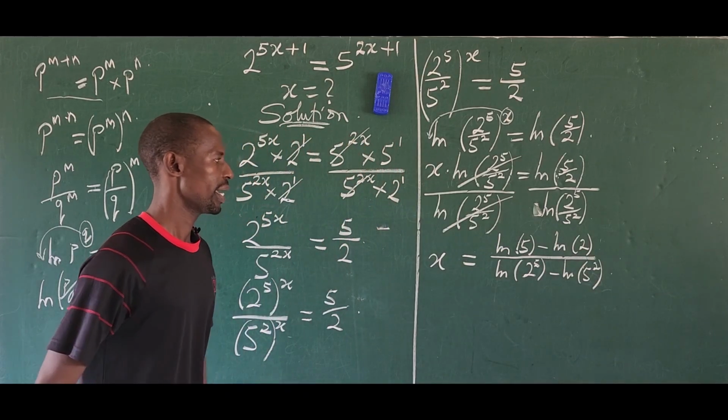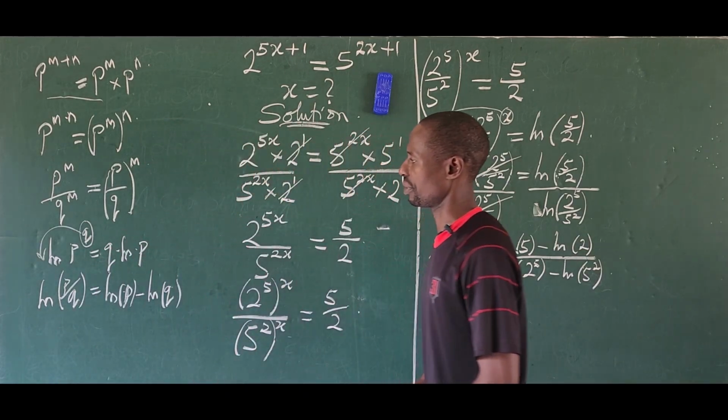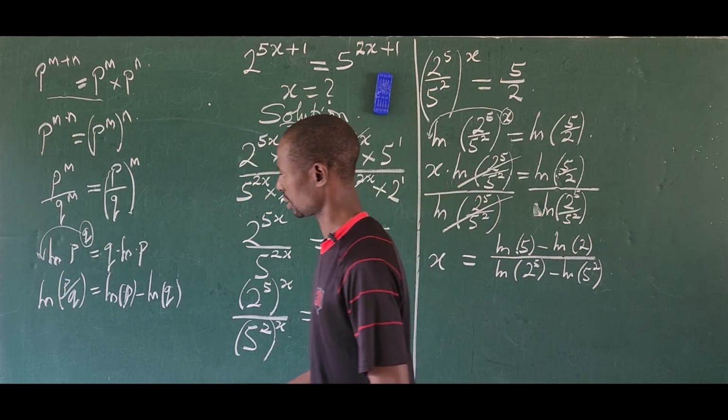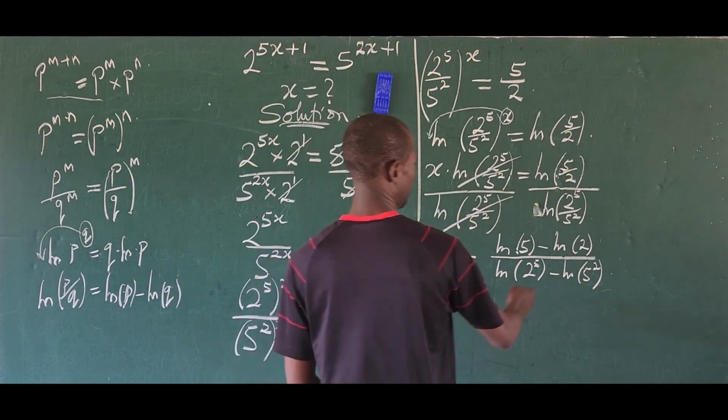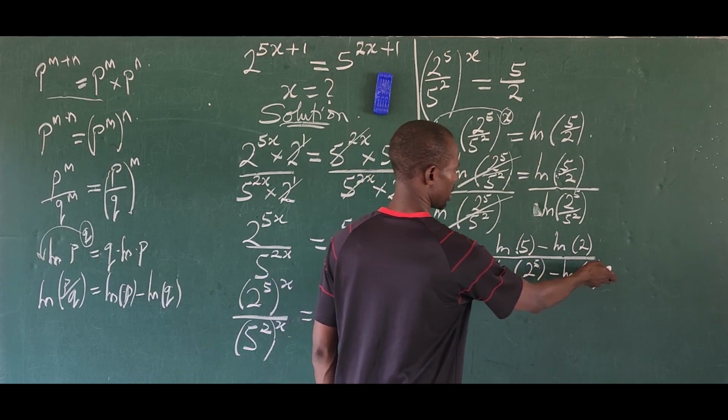Wow. Again, remember the power law of logarithm. Have we searched that out? Yeah, look at it here. So we can apply the power law of logarithm to this and to this.